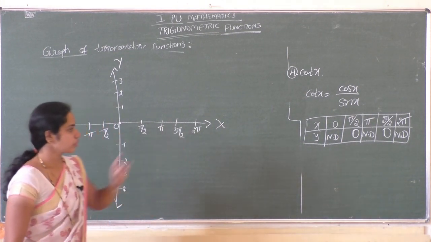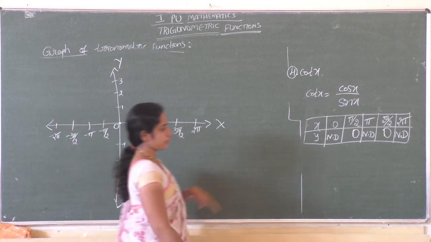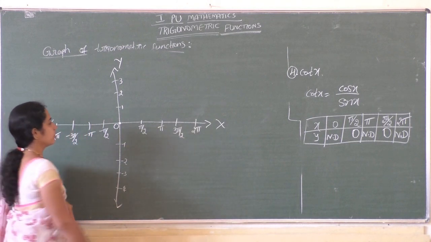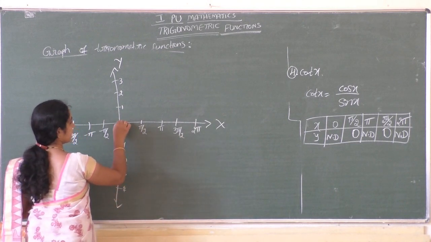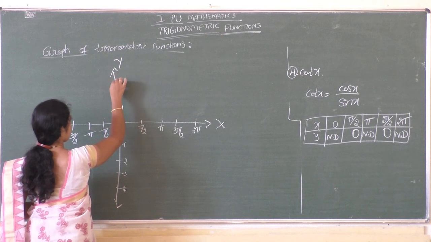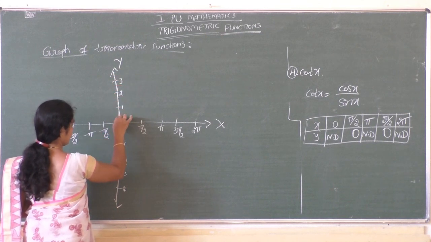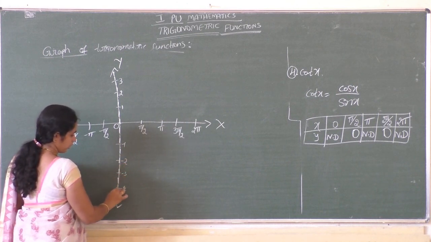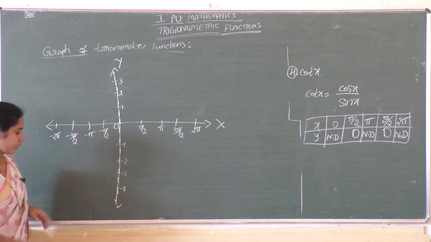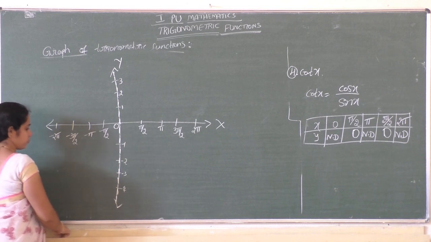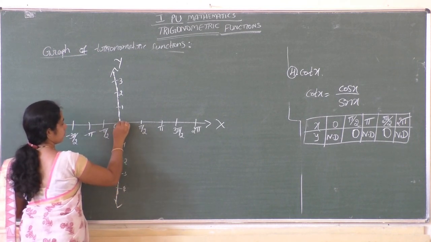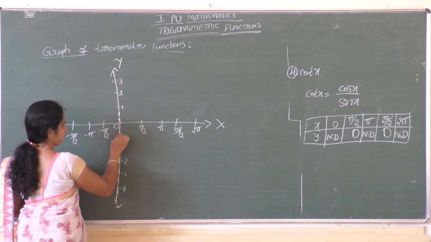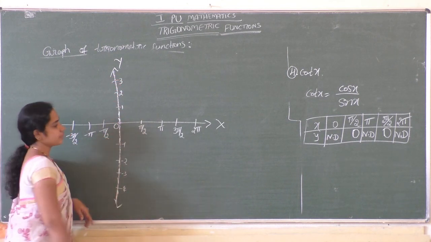Now see for which values the function is not defined. Just draw a dotted line for that. For x equal to 0, that means the y-axis, the function is not defined, so put a dotted line. Then which value?